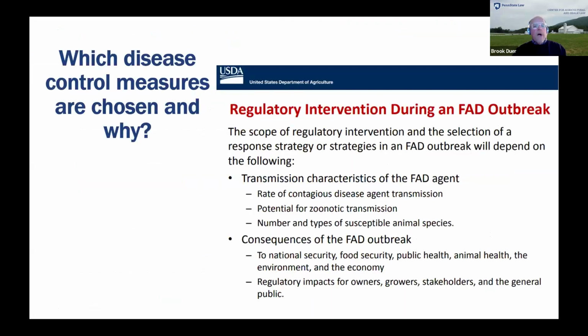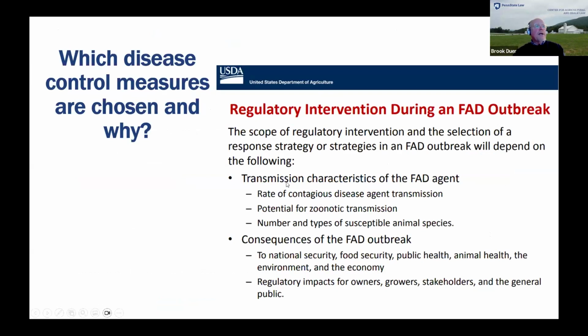Okay, now let me do one thing and then I will wrap it. What I've included towards the end of this set of slides, if we had more time it would be nice to go through, is a set of considerations that USDA has on its website that essentially goes through the concept of all the variables that impact the response that's going to be taken.